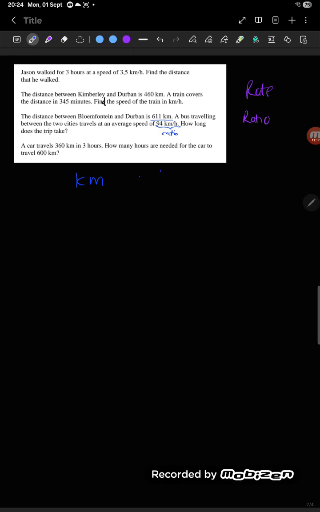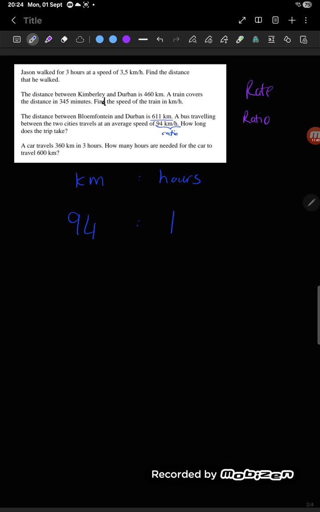If I say kilometers to hours, it's a ratio of 94 to 1. In other words, I do 94 per 1 hour. How many do I do per 2 hours? Well, I do 188 in 2 hours. And so on. And I times them and I times them. But maybe I'm doing less work. But let's see.